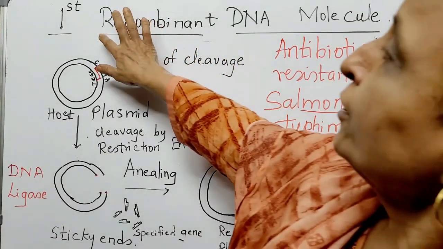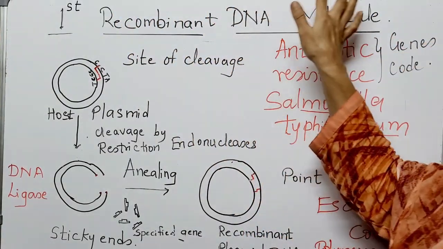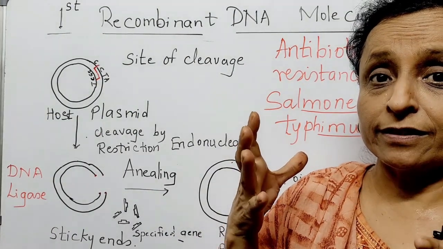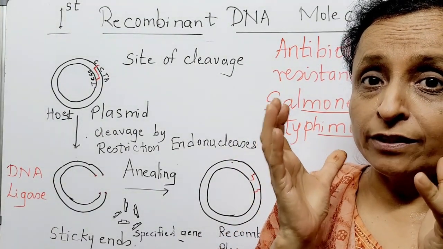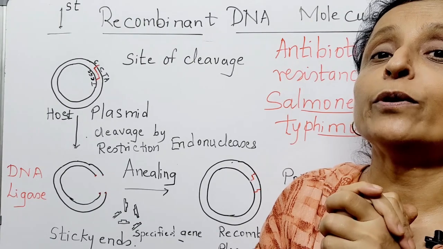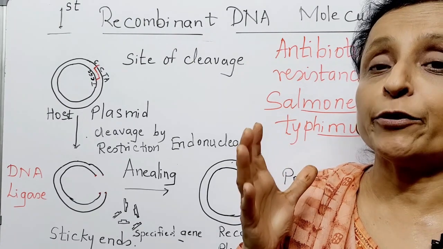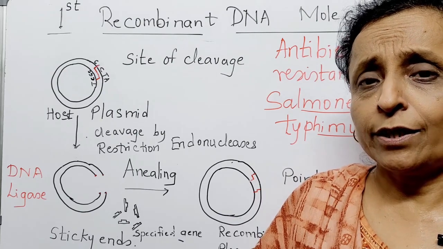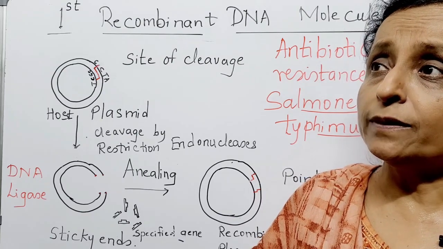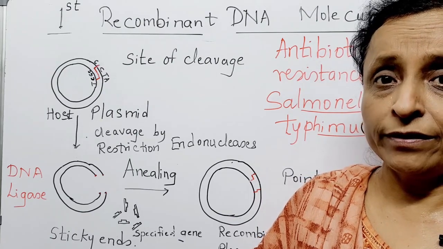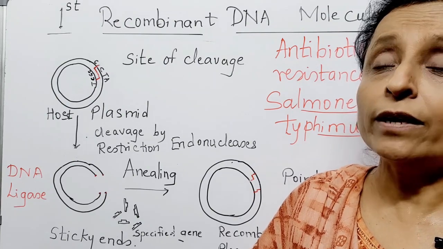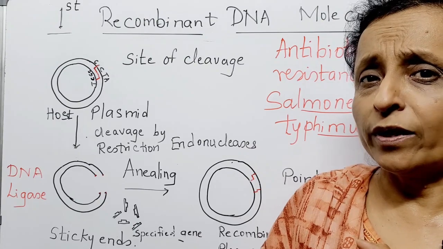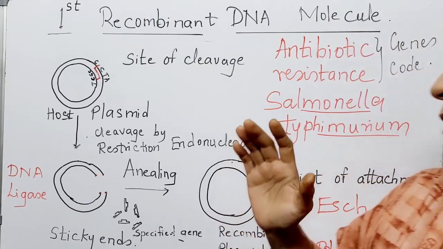Now, how was the first recombinant DNA molecule formed, how was DNA recombined to form a new DNA with the desired qualities? There were two scientists, Herbert Boyer and Stanley Cohen. These two people were working separately.